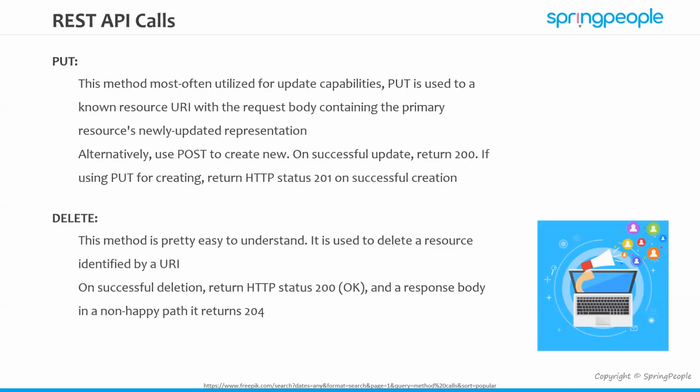This is where we use put. Alternatively, post can be used to create new, and on successful update it returns OK. So based on the implementation, post can also act as a put, but generally the rule suggests that we should use put when we try to update something. If we are using put for creating, then HTTP returns 201 on successful creation also.